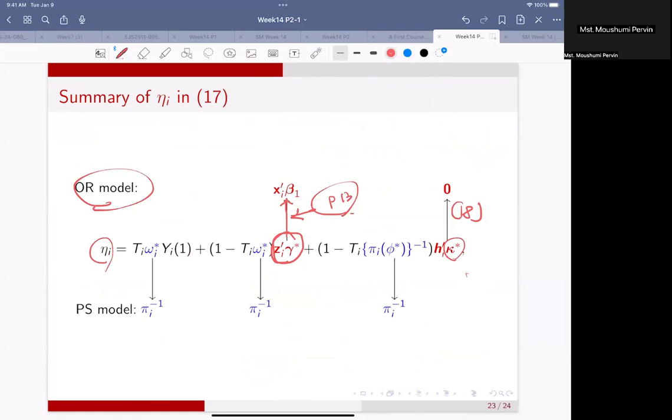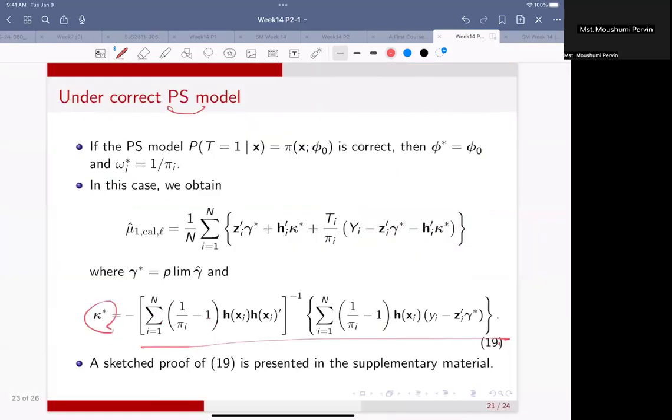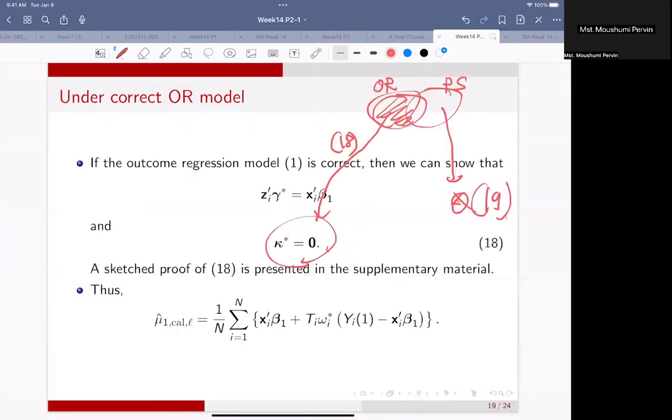The PS model will show that this weight will converge to the inverse propensity of response probability. So for each case, they have a different limiting point. So let me come back. Okay.